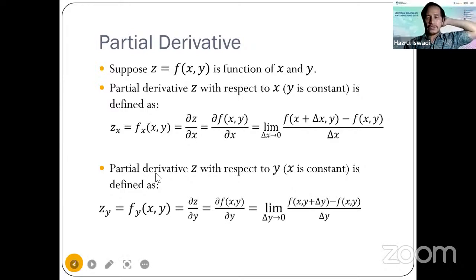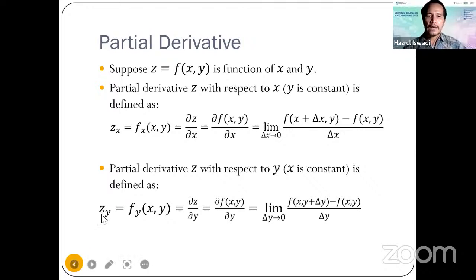On the other hand, we can also take the partial derivative of z with respect to y, which means x is considered a constant.